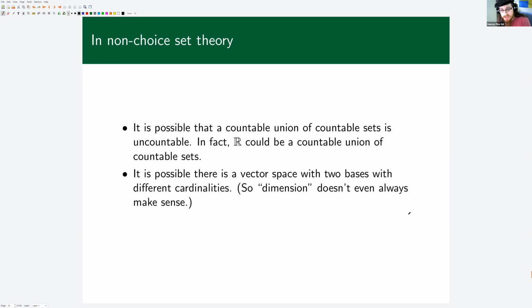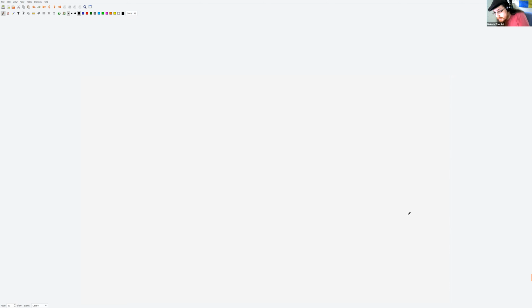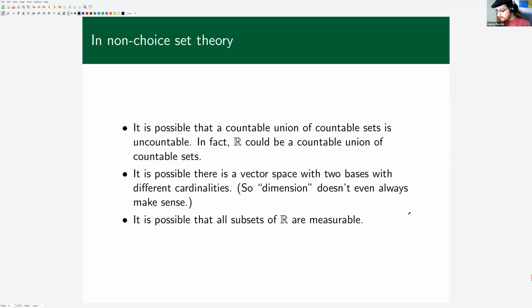So these bad things could happen, but it's also possible, if choice fails, that all subsets of the real numbers are measurable. It is also possible that not only are all subsets of the reals measurable with respect to Lebesgue measure, but they also have the property of Baire, which is like a topological version of measurability.